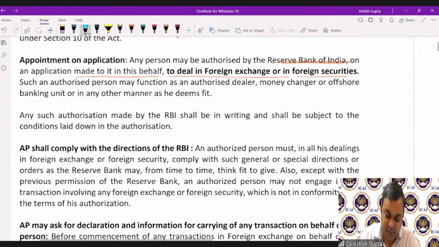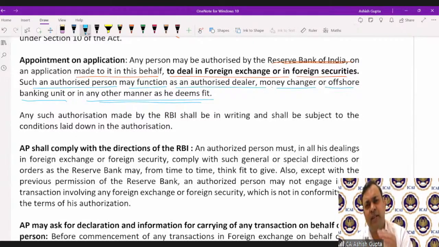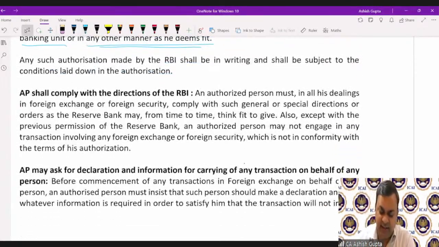Such an authorized person may function as an authorized dealer, money changer, offshore banking unit, or in any other manner they deem fit. Any such authorization made by the RBI shall be in writing and shall be subject to the conditions prescribed in the authorization. SEZ is same as in income tax, basically SEZ as per the SEZ Act 2005.